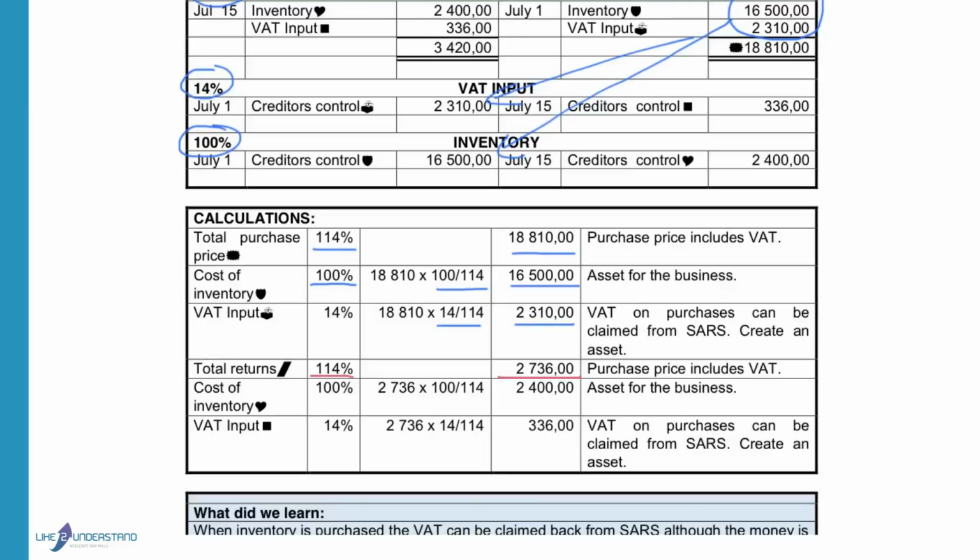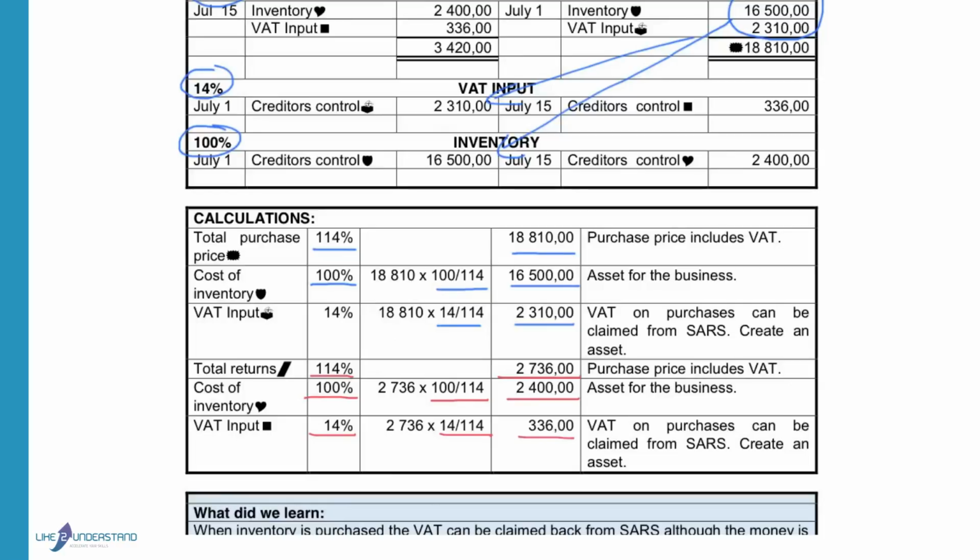The cost is 100%. So the 2,736 multiplied by the one that we want, 100, divided by the 114. So the cost price of the goods returned is 2,400. The VAT will be 14 over 114, and that means the 336.